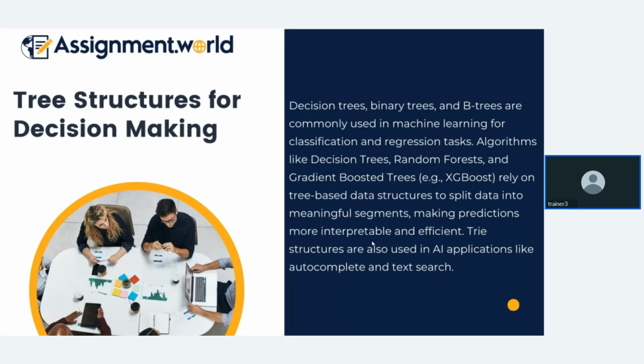These are mainly used to make predictions. They make predictions interpretable, that is understandable, and efficient. Tree data structures are also used in various applications like autocomplete and text search.